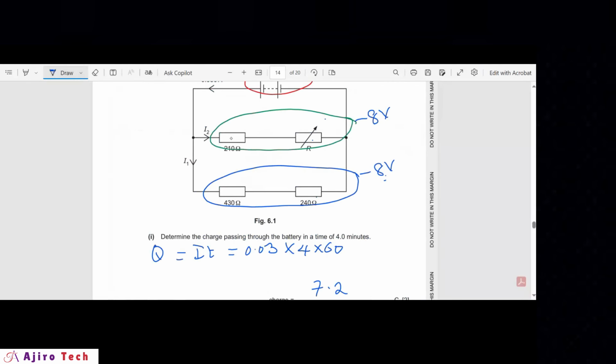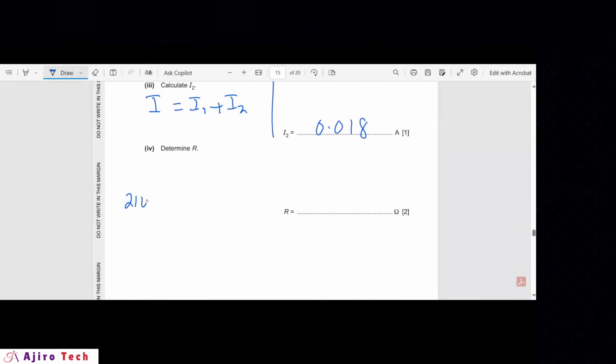Determine the resistance R. So come back to this one. Associated with this, that will be 210 plus R in series, which is the total resistance. V is equal to IR as well. V is 8, and the current is I2, which is 0.018.